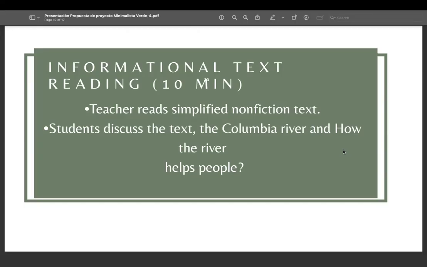It also explains that the Columbia River helps farmers water their plants, using very simple words they know, like farmers. We introduce words like dams beforehand because of the vocabulary, so they'll know it. Then students will discuss the text and how the river helps people based on what they read. We made the informational text so they can get the answers from there. It's not too hard, the answers are pretty much there for them.